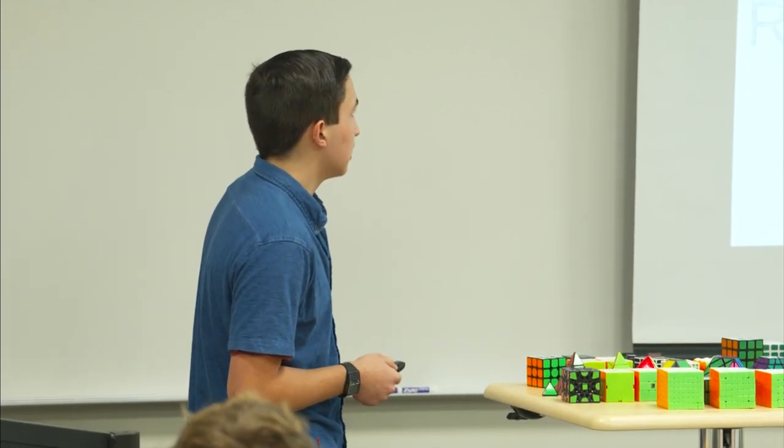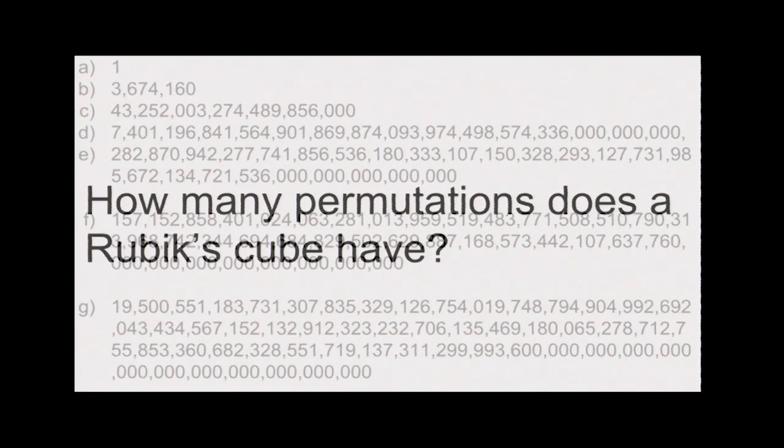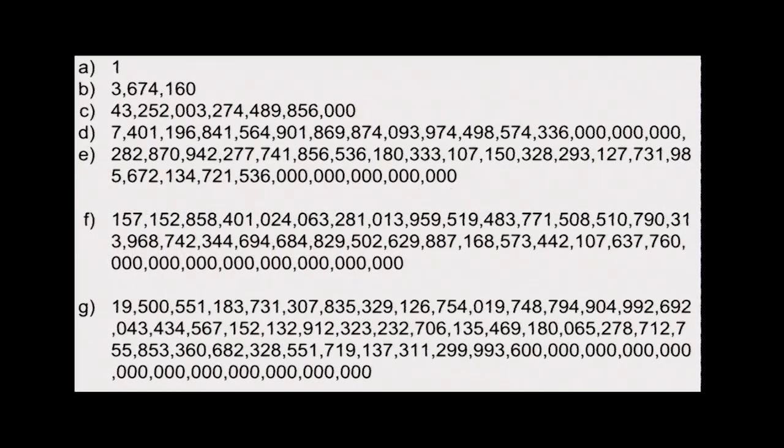So now we can talk about how many permutations a Rubik's Cube has. I have some numbers up here. I know that it's a lot of numbers. I know that it was on the flyer, but if you have the flyer with you, don't cheat, don't look at it. What do you think the number of permutations is?